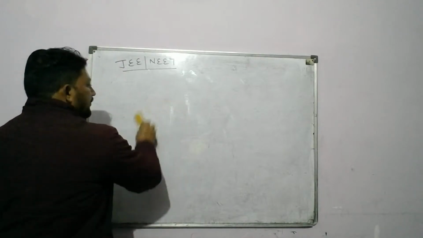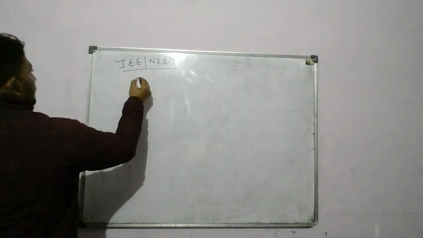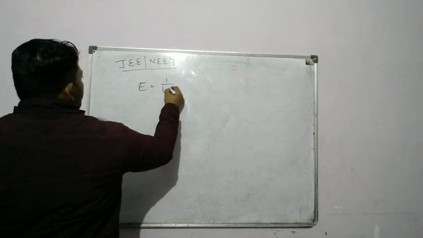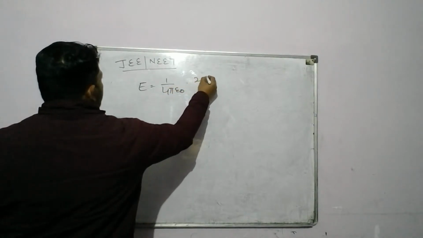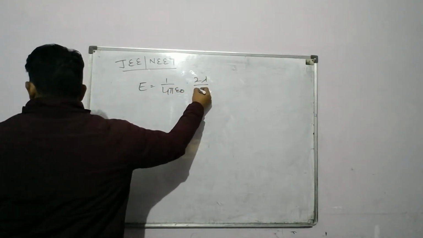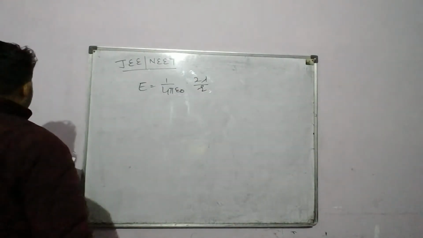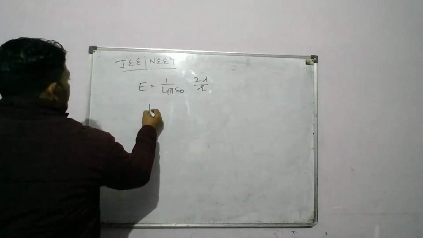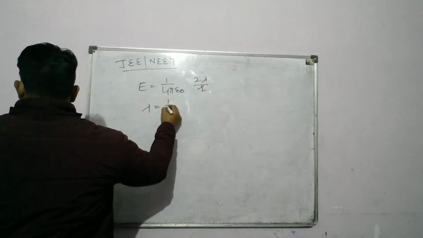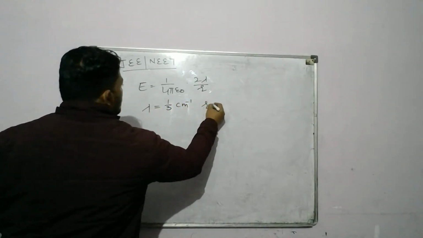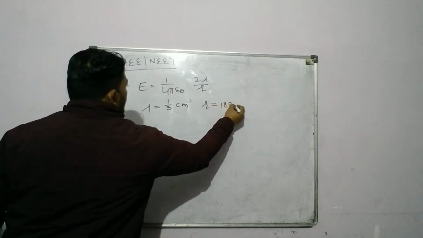One is a straight thin wire. So E is equal to 1 upon 4 pi epsilon 0 2 lambda divided by R. So here R is the perpendicular distance of the point from the wire. Lambda is given 1 by 3 coulomb per meter. The radius is given 18 centimeter.